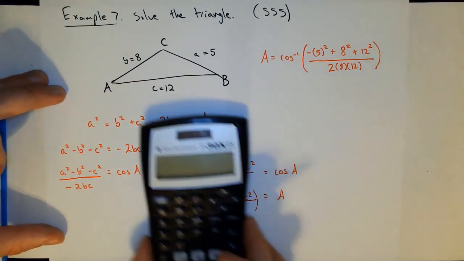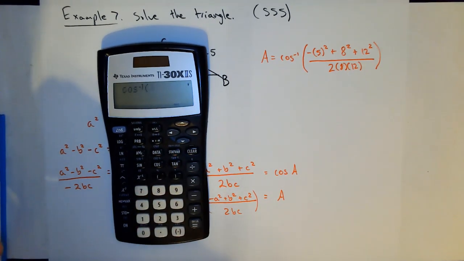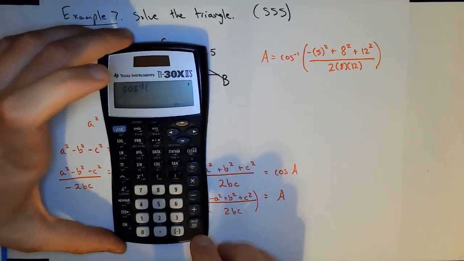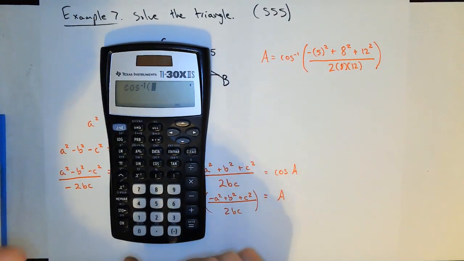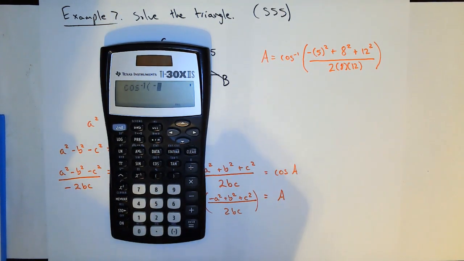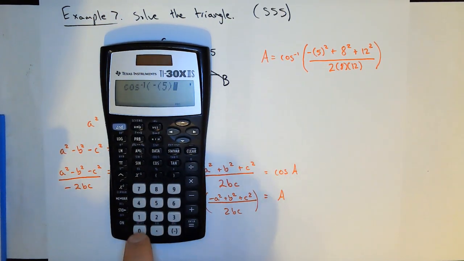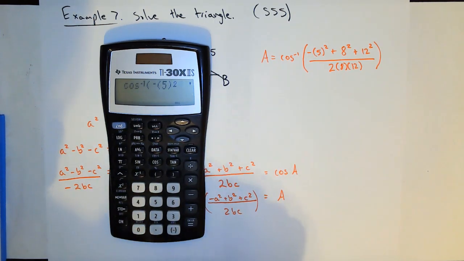So plugging this all in at once, cosine inverse. Now for my calculator, I don't have that little fraction button that maybe some of y'all might have, so I have to do this the old-fashioned way. I'm going to say negative, then parentheses 5, and then I can just use the squared button, and then plus 8 squared plus 12 squared.